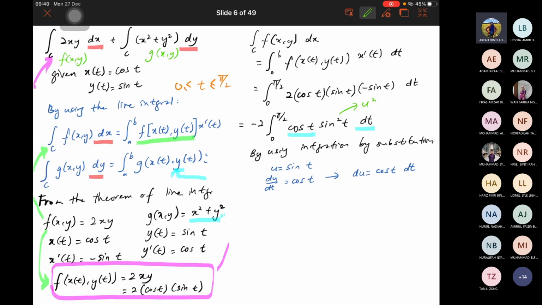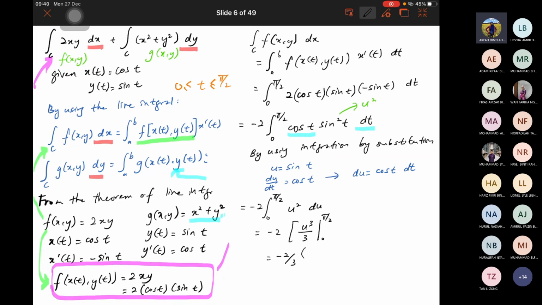So this one akan sama dengan negatif 2 integration kosong pi per 2 u kuasa 2 du. So negatif 2 u kuasa 3 per 3, kosong sampai pi per 2. So equal to negatif 2 per 3.